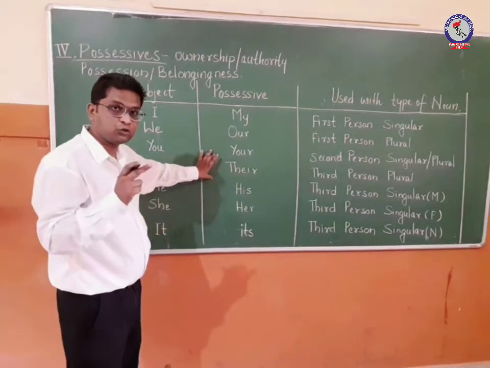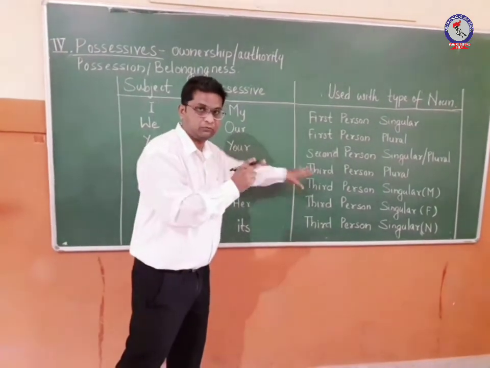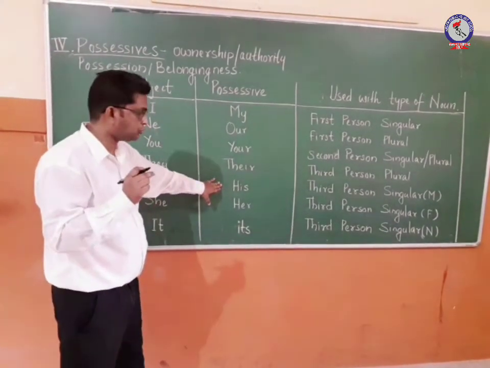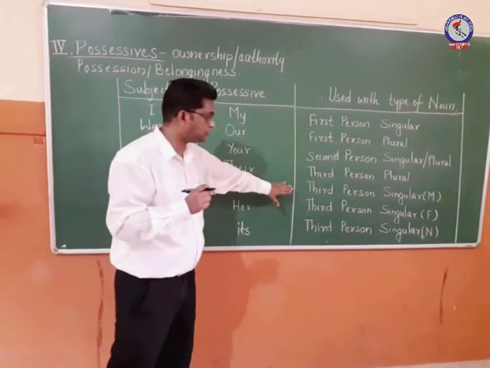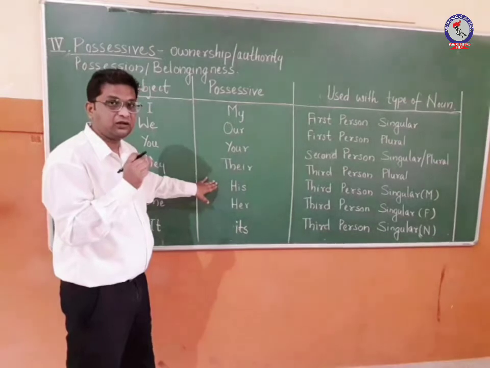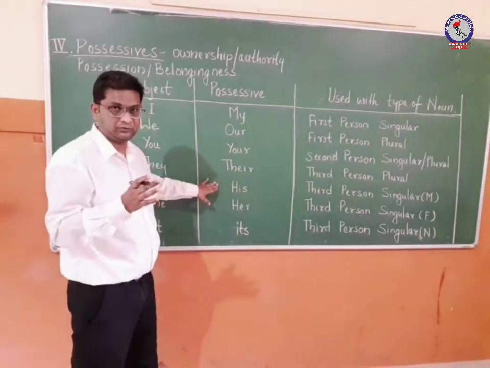Then their will be used when it is third person plural, more than two. His will be used when it is third person but singular. Here it is denoted for masculine.